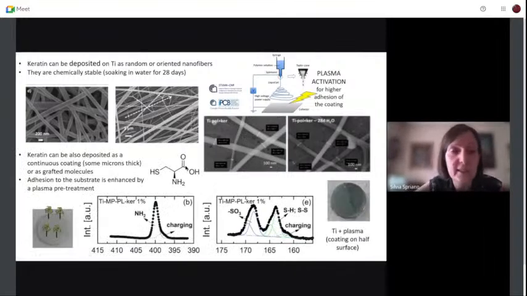And you can see that keratin can also be deposited as a continuous coating here on the right, or just through functionalization with some single molecules grafted on the surface. You cannot see the molecules here by your eyes, but if you perform an XPS analysis, you can see the amino groups of the amino acids of keratin and also the presence of sulfur that is typical of some amino acids in keratin.